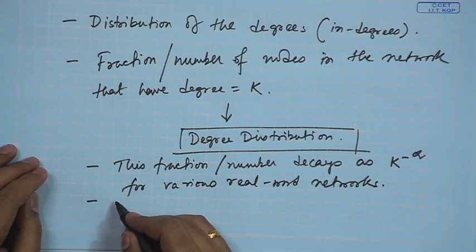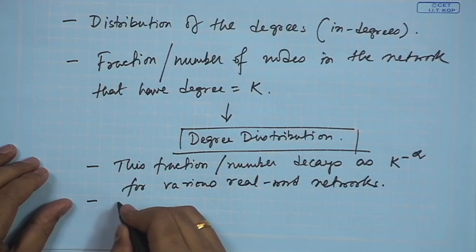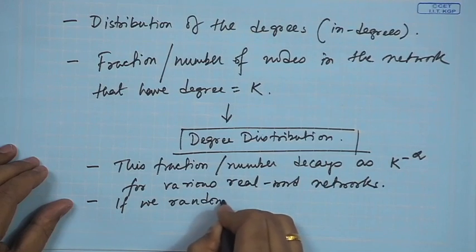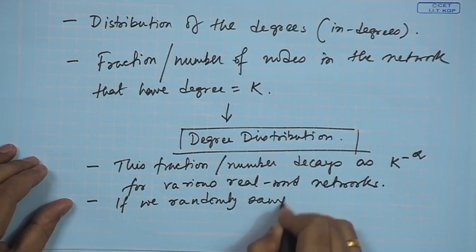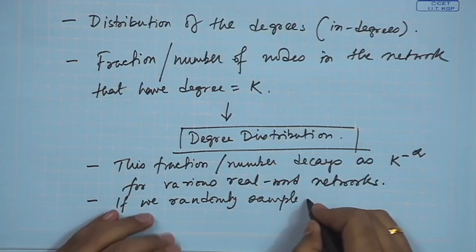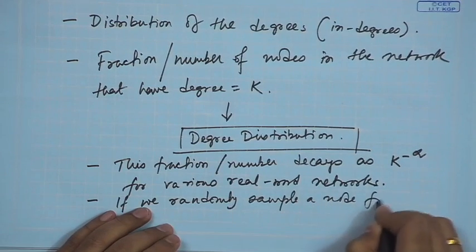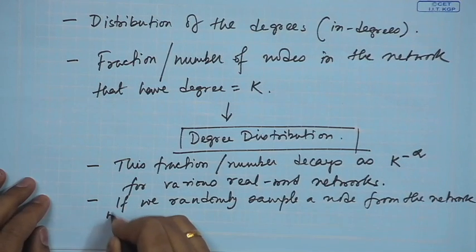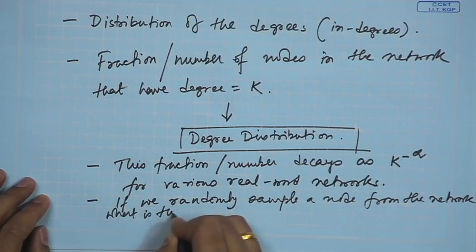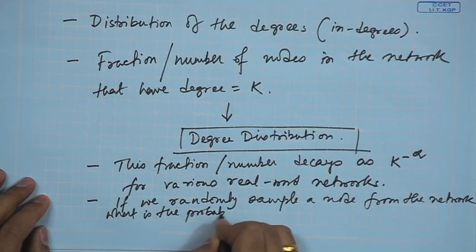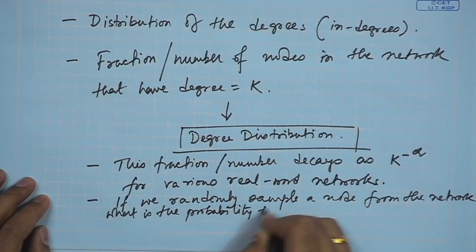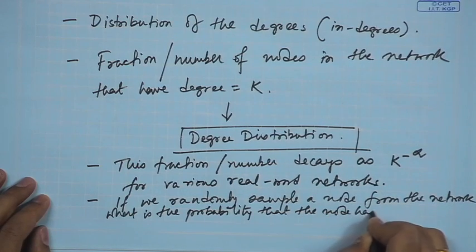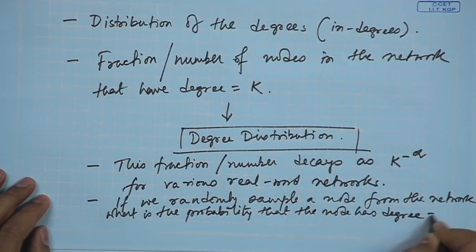So, in probabilistic terms you can say that if we randomly sample a node from the network, what is the probability that the node has degree equal to k.